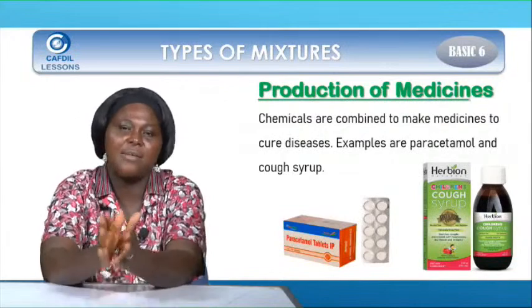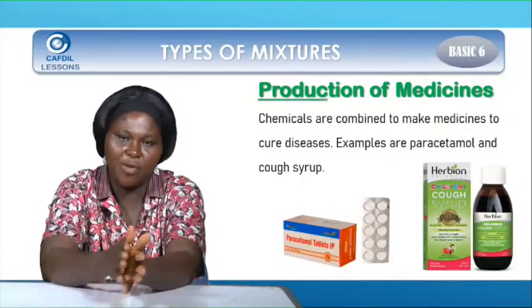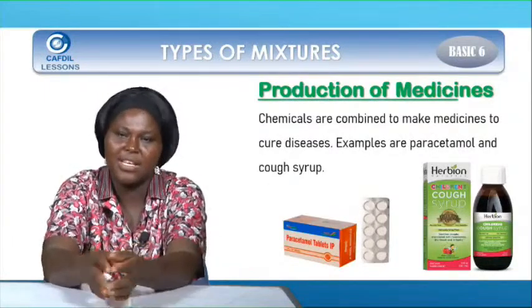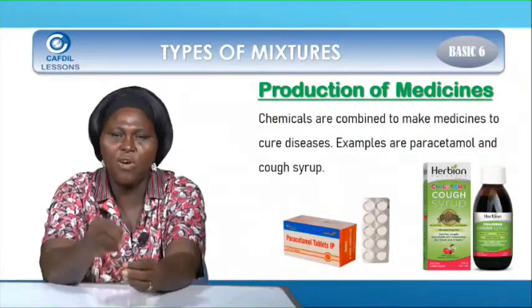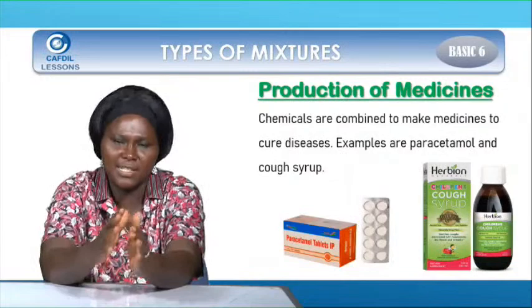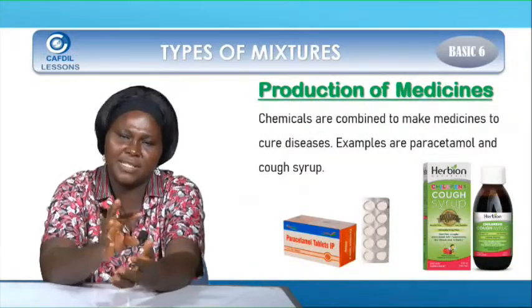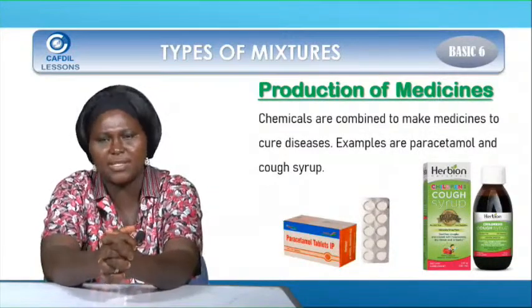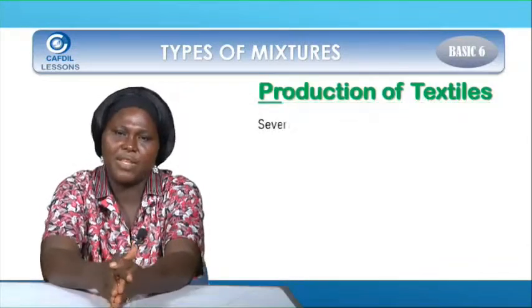Examples are paracetamol and cough syrup. We have all taken paracetamol when we feel body pains or headache. These medicines are mixtures of other chemicals and substances, and they cure our diseases.